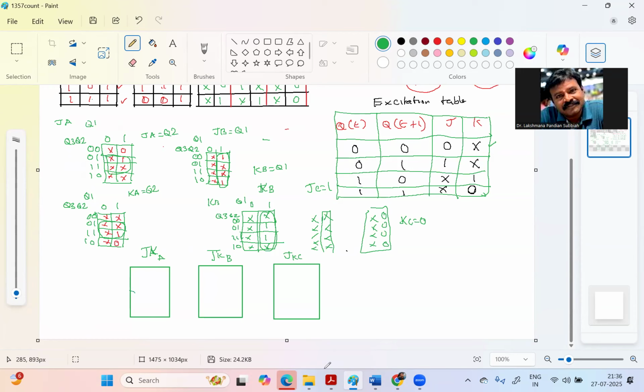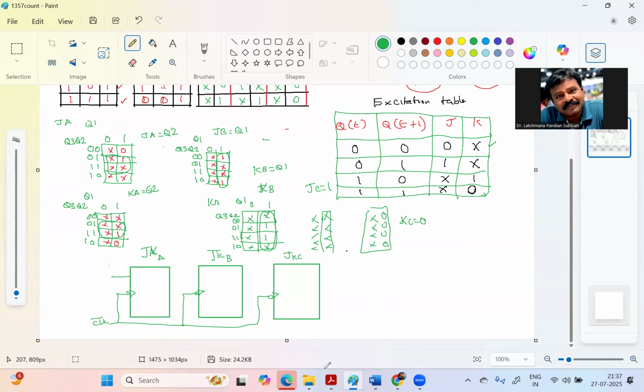Then we are having now, this is the clock. Right? This is a clock.